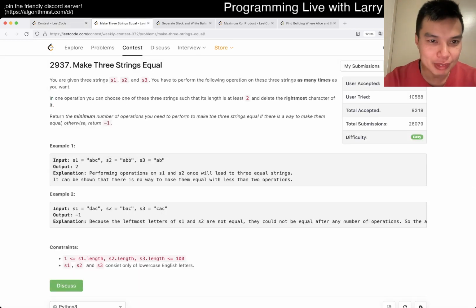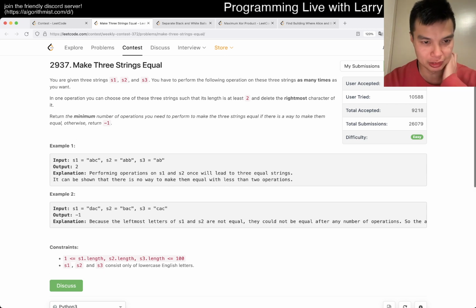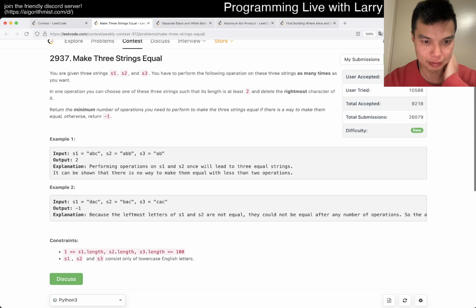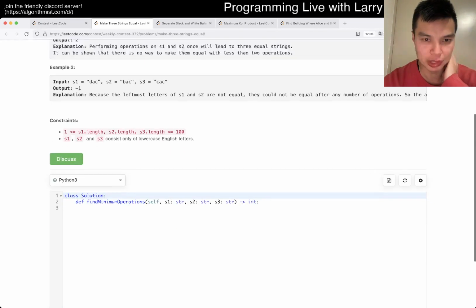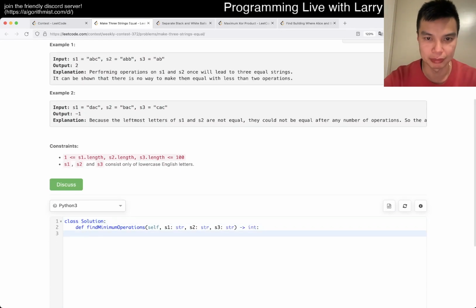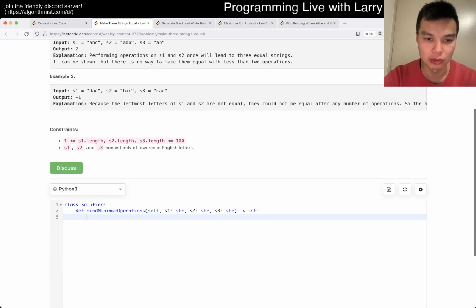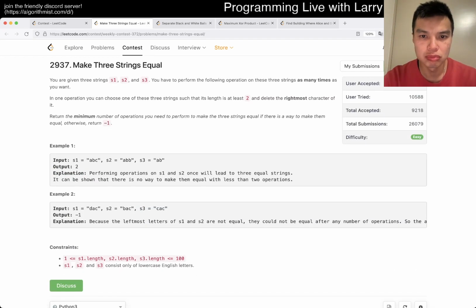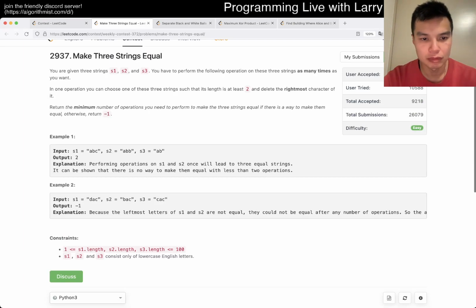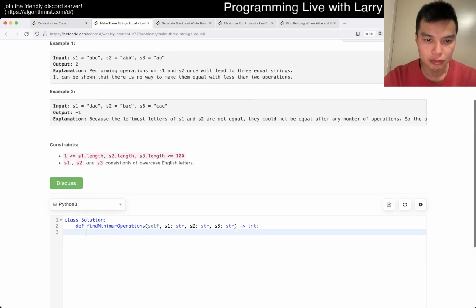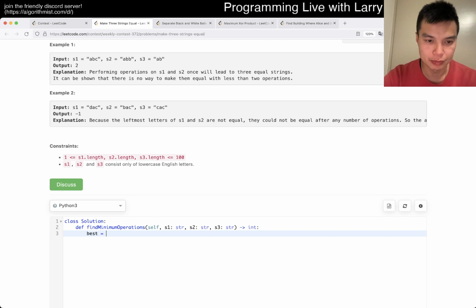All right. Make 3 strings equal, okay. One operation: delete the rightmost character. At least 2, right? So it's just brute force, I suppose. Minimum number, okay. Wait 1 minute, whatever.